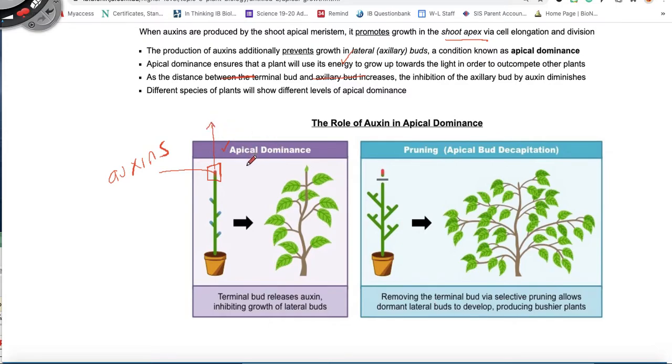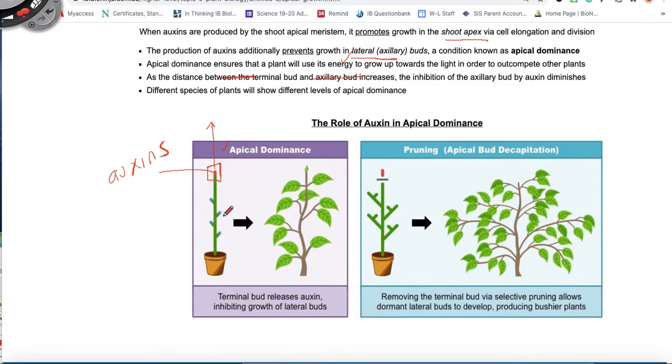That's what we call apical dominance. So then what's happening to the rest of the plant? Well, it's still growing, right? But the side branches and the leaves are not growing as fast as the tip. So the production of auxins additionally prevents growth in the lateral or the axillary buds that run down the shoot.